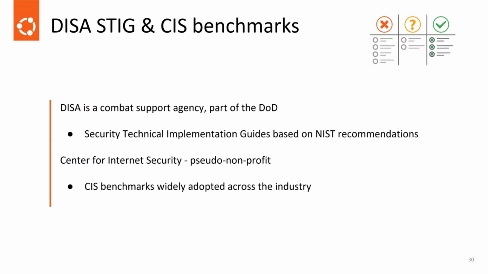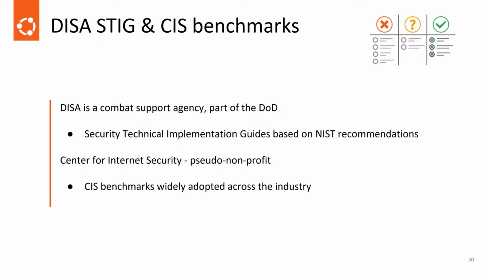But the standards that we follow for Ubuntu are both DISA-STIG and CIS benchmarks. DISA is a combat support agency. It's part of the DoD, and it follows the security technical implementation guides that are based on NIST recommendations.